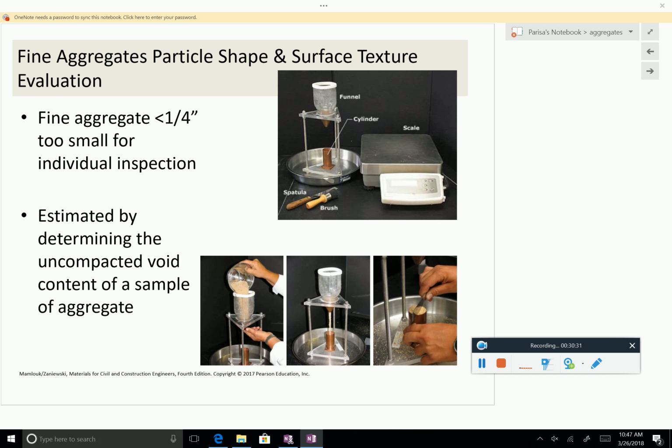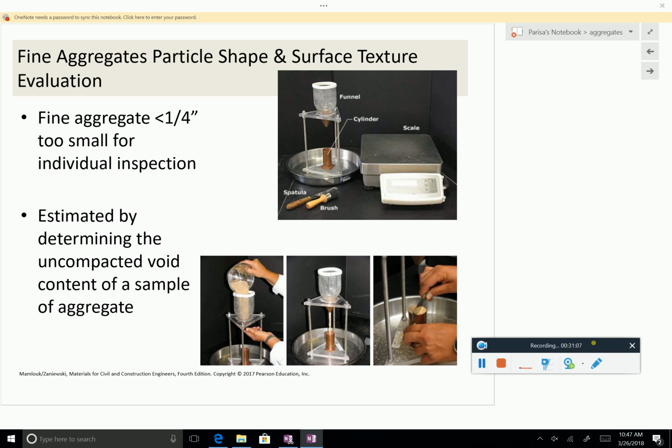You can't look at the fine aggregates and see if they are round or angular. So what you do is you put some fine aggregates here and you drop them from a certain distance into a cylinder, and then you weigh it. So the idea is, if everything is very round, or if it is angular, it's going to come together in a different way, and the amount of void would be different, so you would have different volume.